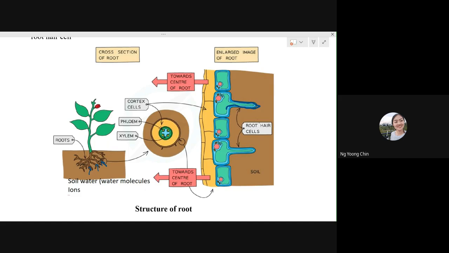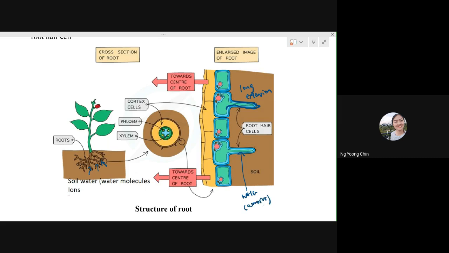Its special feature is a very long extension, just like someone pointing a finger at you. The purpose of this long extension is to increase the surface area for water absorption. So the root hair cell is able to absorb water, and the water will be absorbed by osmosis, right? Osmosis.